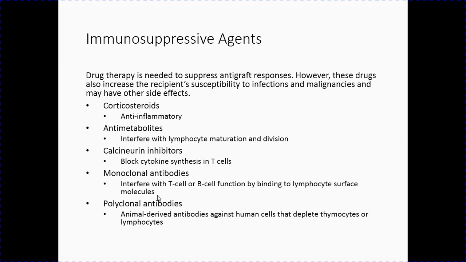Polyclonal antibodies are animal-derived antibodies. They started using these years ago. They would inject the antigen into an animal, a mouse or something, harvest the serum, take the antibodies from that, and put them into the human. An example is thymoglobulin, which has an anti-thymocyte action, resulting in a depletion of thymocytes and ultimately lymphocytes.